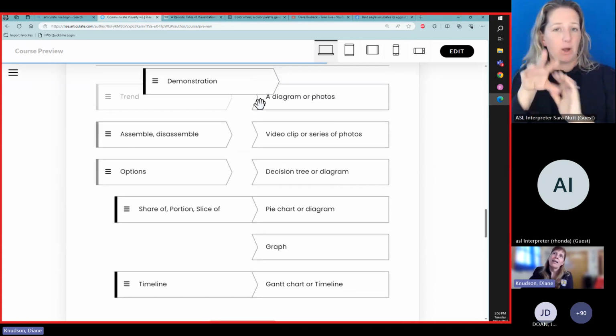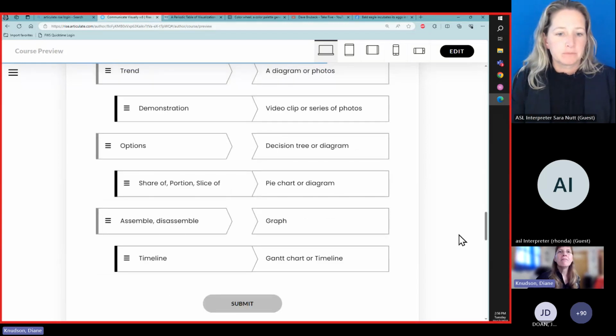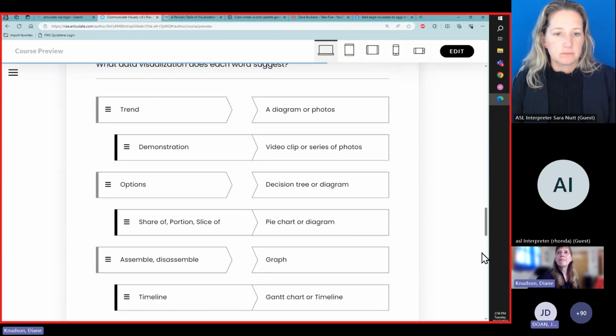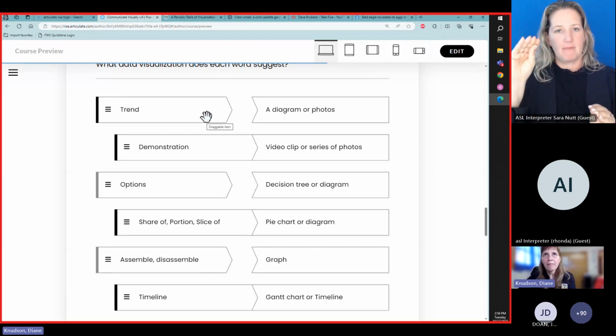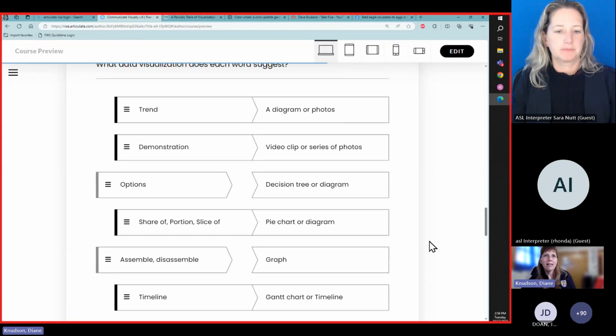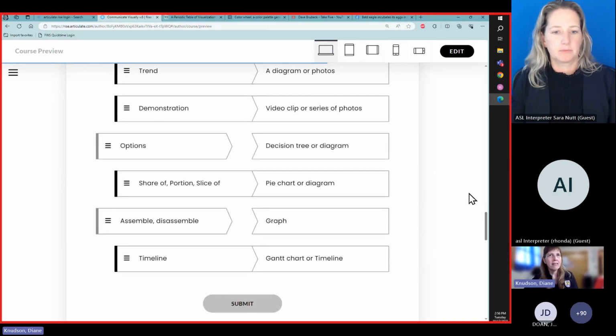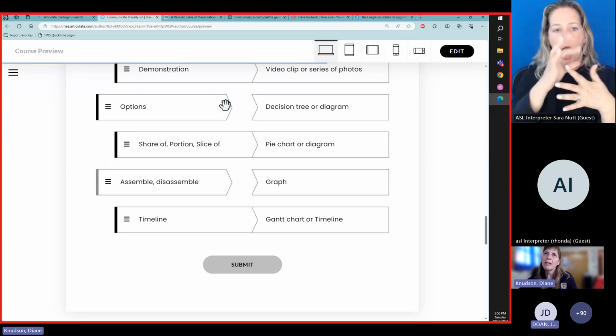Okay. Would trend fit into a diagram of photos? Would options fit into a decision tree?